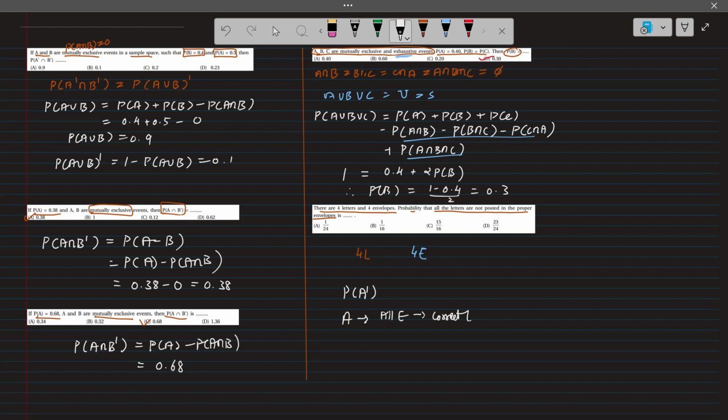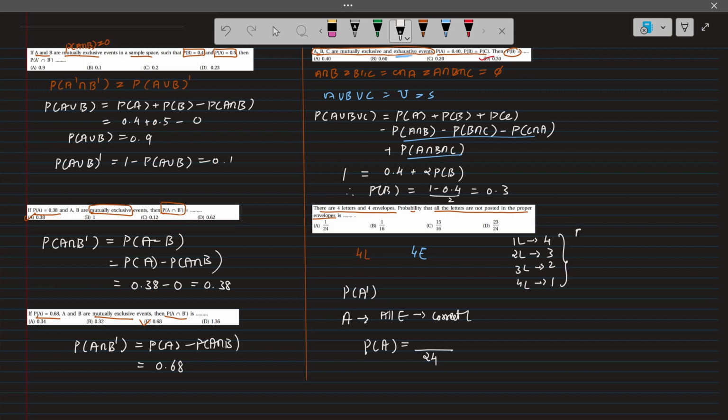Now first we'll find P of A. Out of a total of 24, because we have 4 letters and 4 envelopes, the first letter can go to any of the 4 envelopes. The second letter can go to any of the remaining three. The third letter can go to any of the remaining two. And the fourth letter will go to the remaining one.